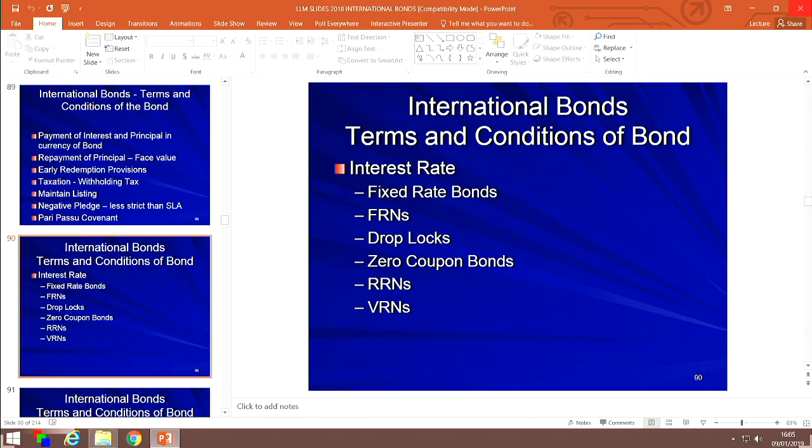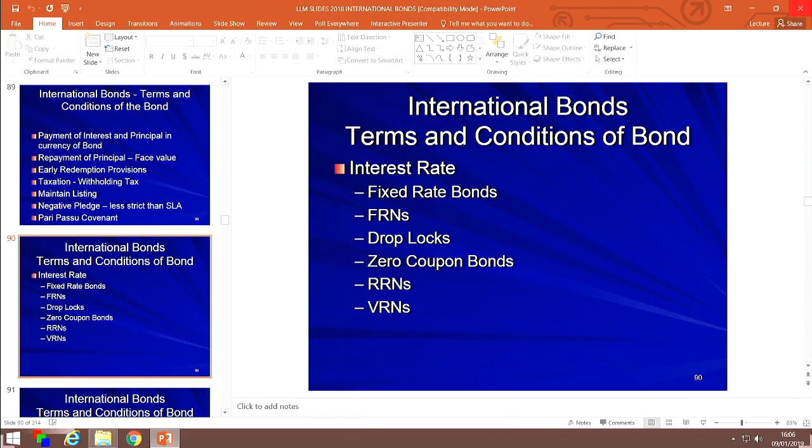What you do, in other words, you roll in the interest due and payable into the capital value of the note, and the issuer is required to pay an interest rate calculated not only on the face value of the bond, but the additional interest which is accrued for the first 6 months and onwards, which gives an investor a better return.